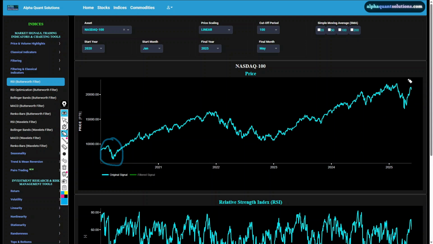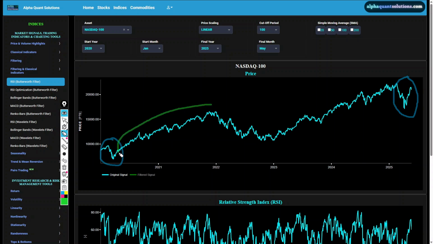The second one, you could argue, is the tariff period during the first and second quarter of 2025, also showing a similar V-shaped recovery as the pandemic. Next to that, we could potentially also identify 3 long-term market cycles.